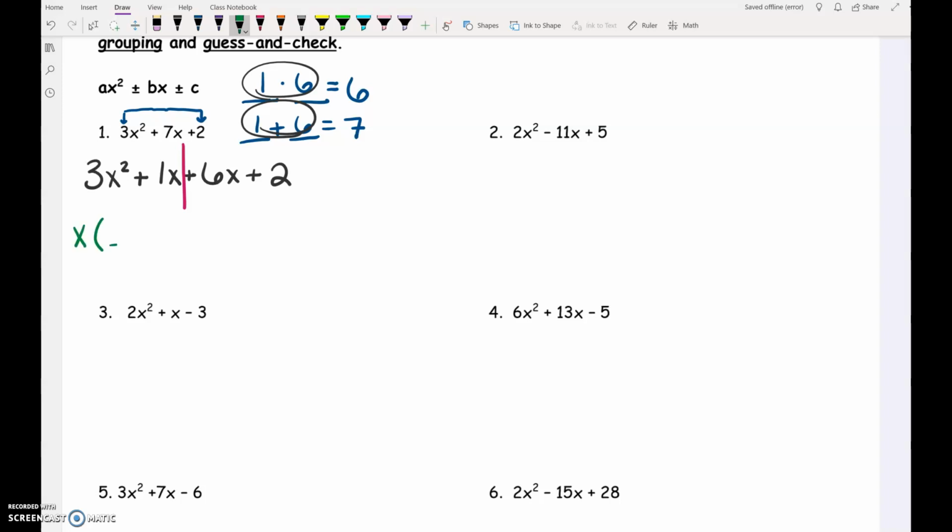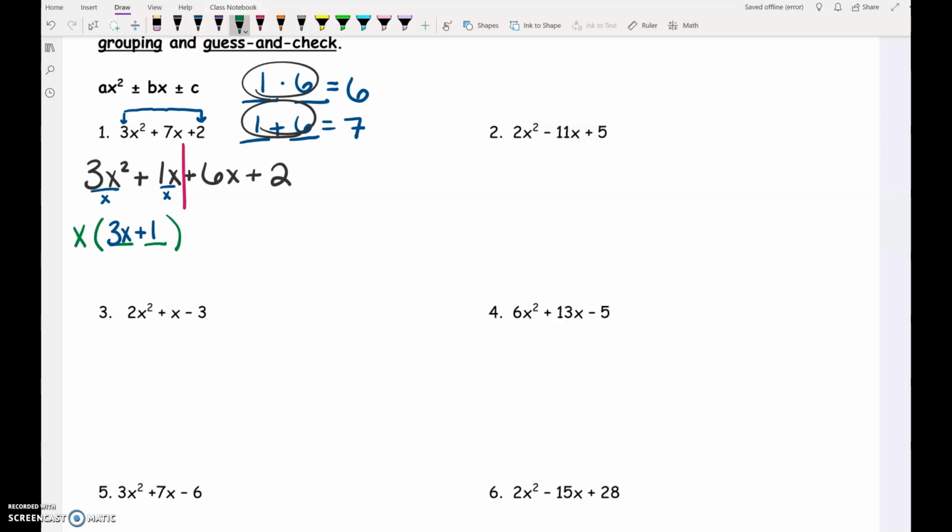So they have x in common. When we divide that out of these two terms, whatever's left is going to go in these parentheses. So 3x squared divided by x is going to leave us with 3x. 1x divided by x is going to leave us with 1. So we've got x times 3x plus 1.